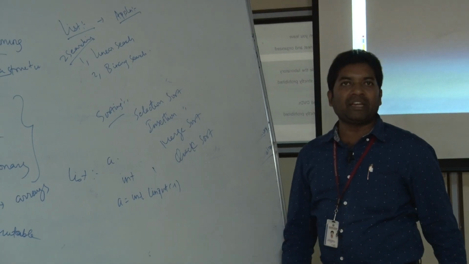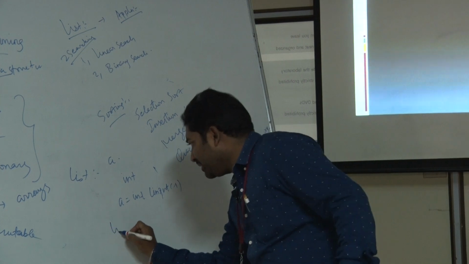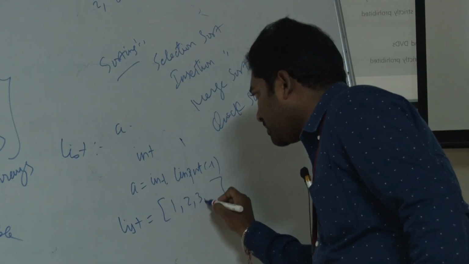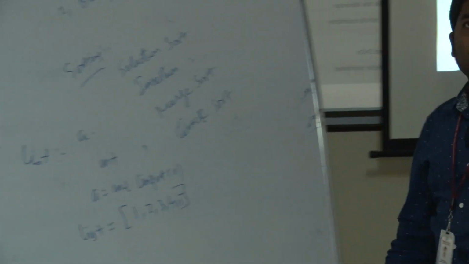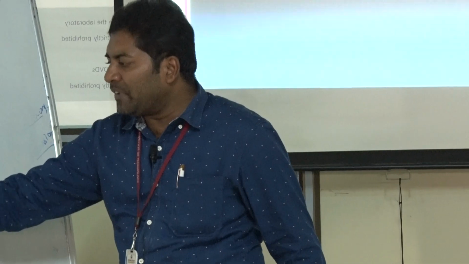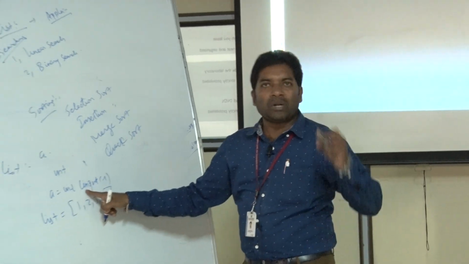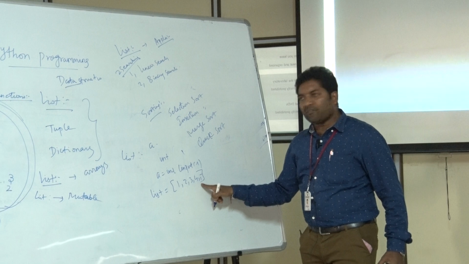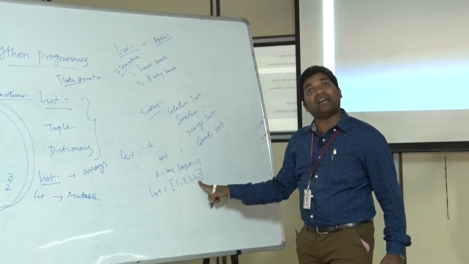Only one. If it is a list, we can store collective variables. It's a collection of variables. A single variable stores only a single value, but in a list, we can store n number of items. That is called a collection of items.